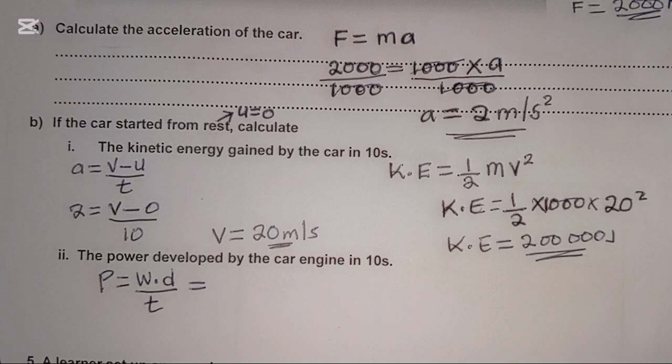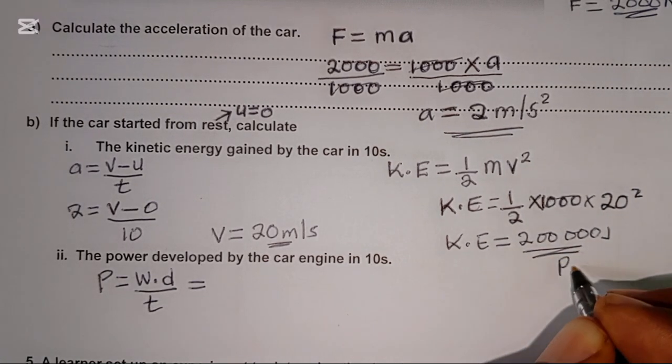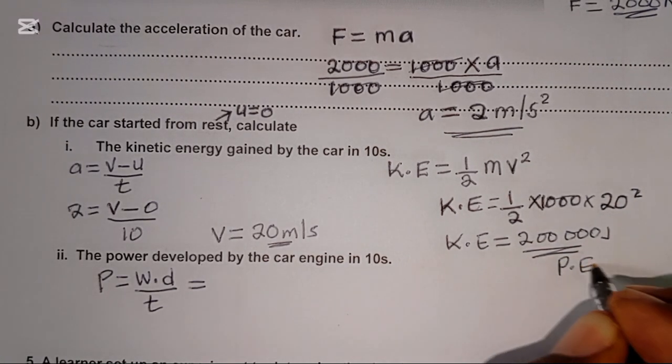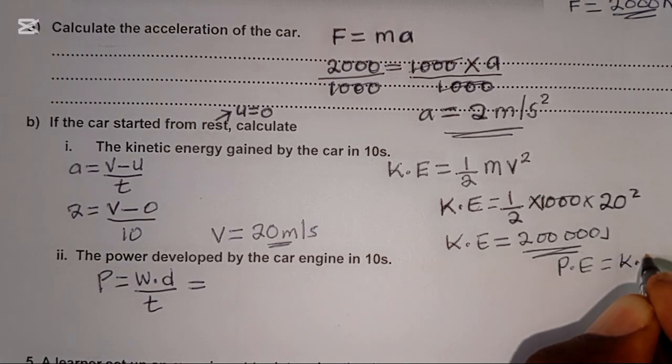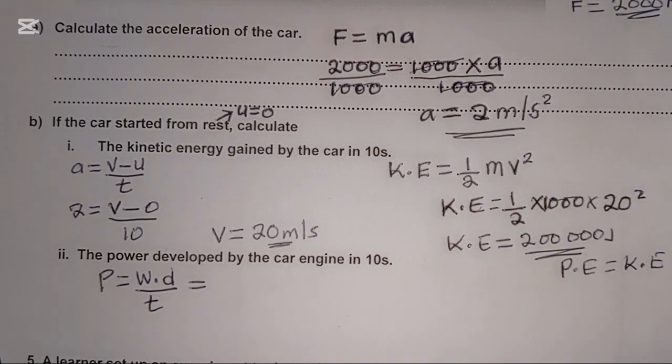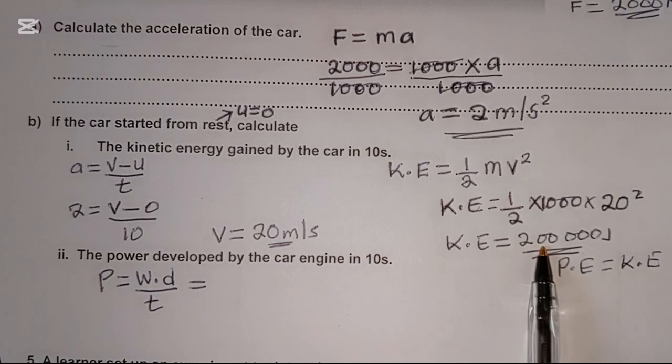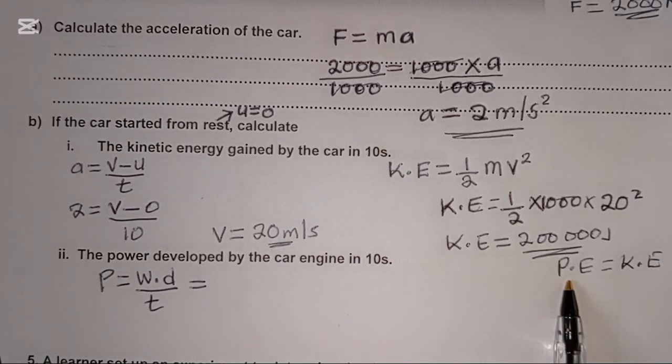Remember that energy conservation says that energy cannot be destroyed or created, but it can only change from one form to the other. So kinetic energy in this case is equal to potential energy. That simply means that kinetic energy is 200,000, and even potential energy is 200,000 according to the conservation of energy principle.